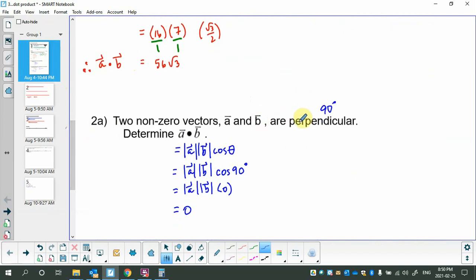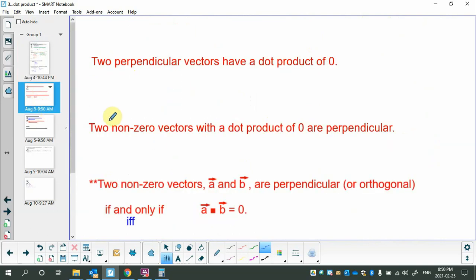I had 2 perpendicular vectors, and the dot product ended up 0. Next statement, 2 non-zero vectors with a dot product of 0 are perpendicular. Let me read that again and then go back to the last slide. 2 non-zero vectors that have a dot product of 0 have to be perpendicular.